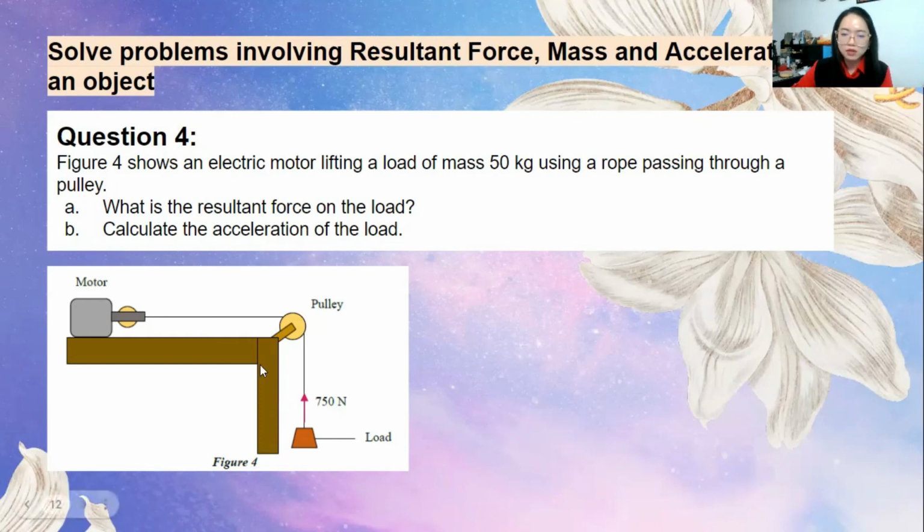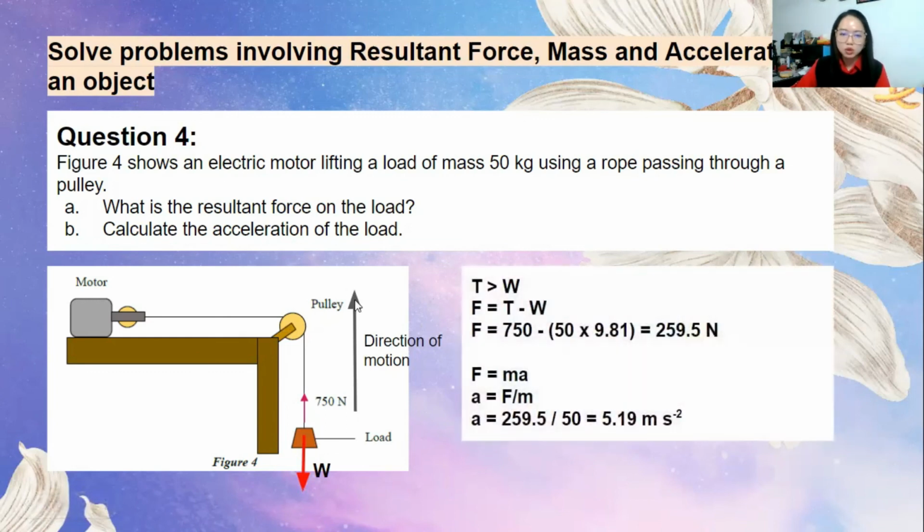For this kind of question, you just draw out the free body diagram. I have my weight going down and then the tension is 750 Newton. How about the direction of the motion? The direction of the motion will be going up because the motor is pulling this up. This is the system that I'm going to take into consideration, only this part. To find the resultant force, I only see this part.